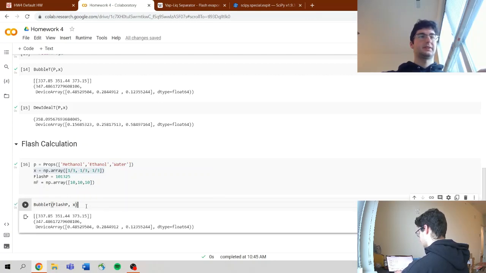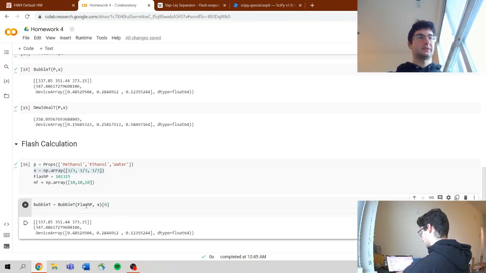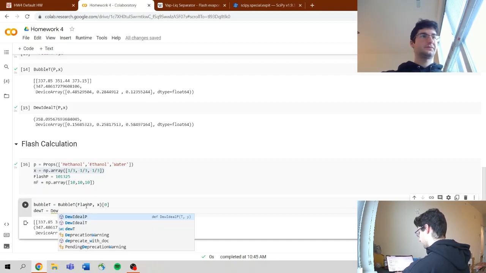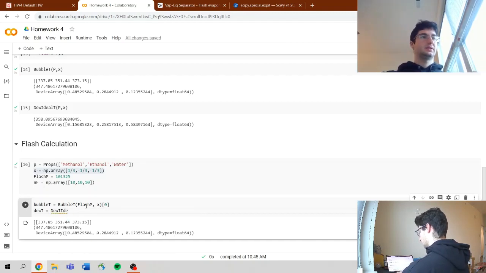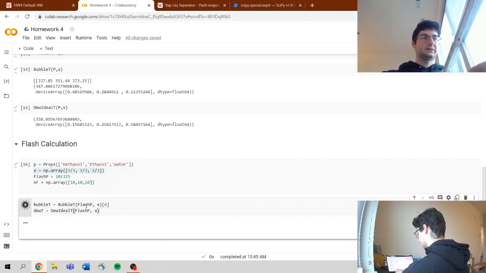We just want the first number, so let's use index 0 and call it lowercase bubble t. We'll do the same for dew t: dew t equals dew ideal T at flash P and X.